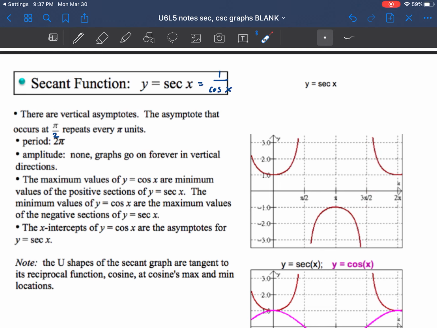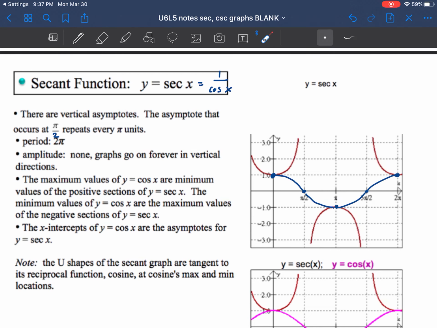And like before, I'm going to try and do this a little bit faster. If we were to plot the cosine x graph, something like this, when cosine has a max, secant has a relative min. That occurs right here and right here. Well, actually, I'm not being very accurate. It should be right there.